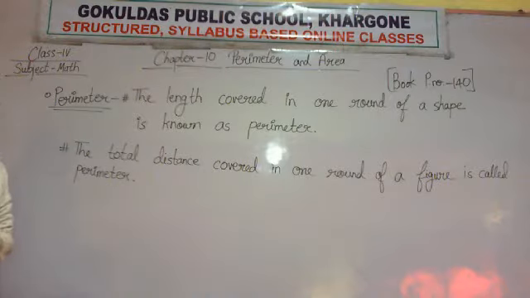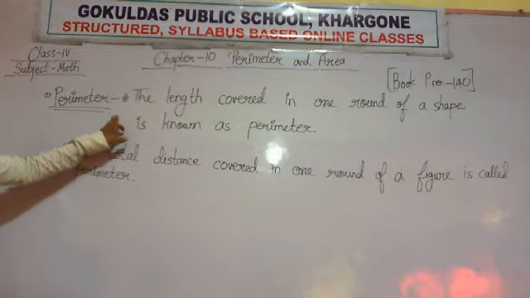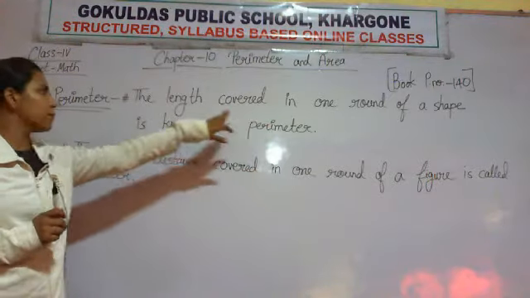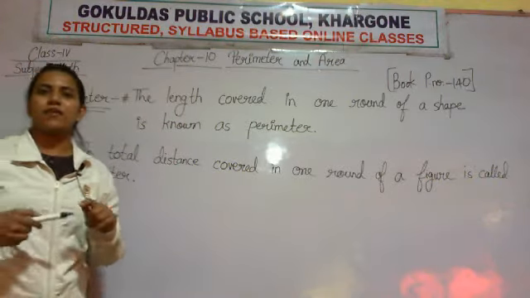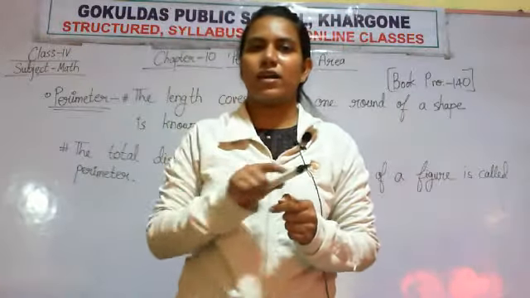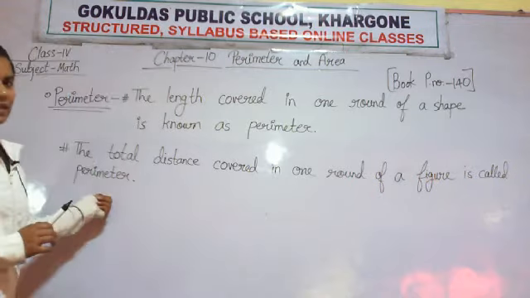What is the definition of perimeter? Two definitions I have written. The length covered in one round of a shape is known as perimeter, or the total distance covered in one round of a shape or figure is called as perimeter.